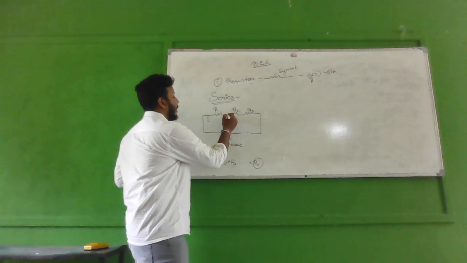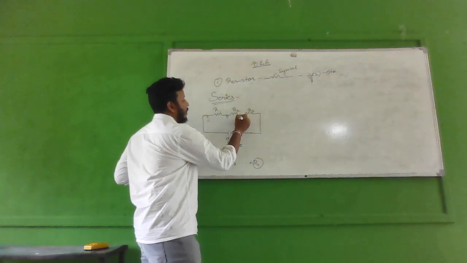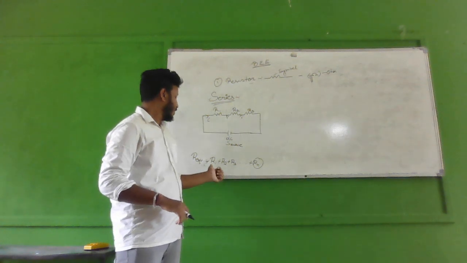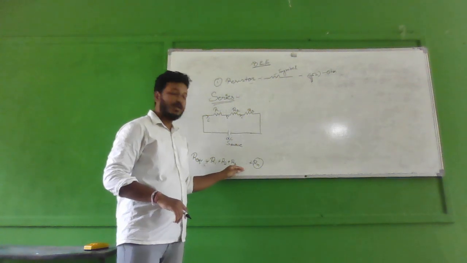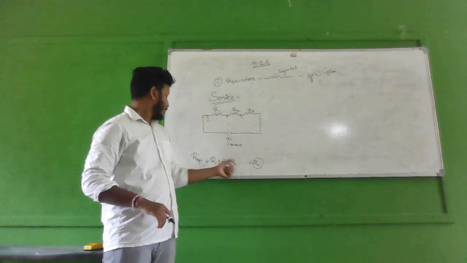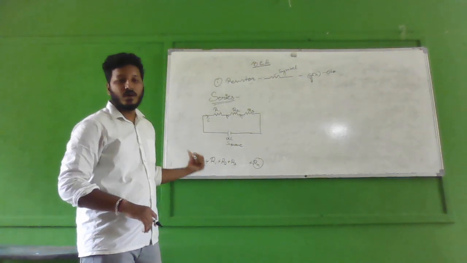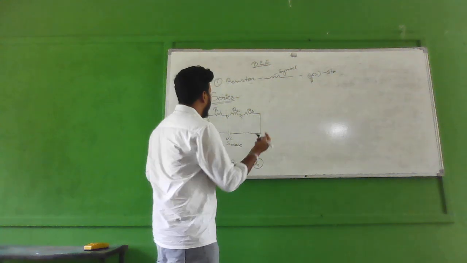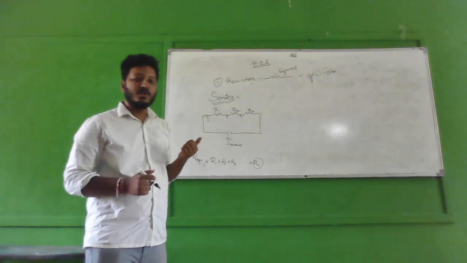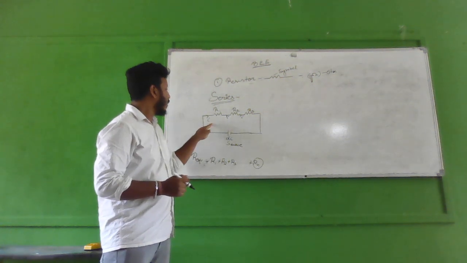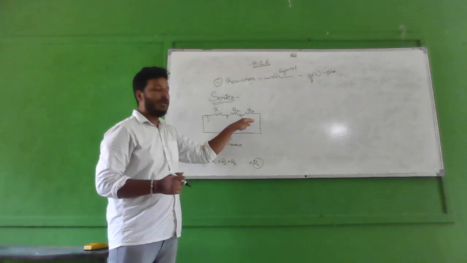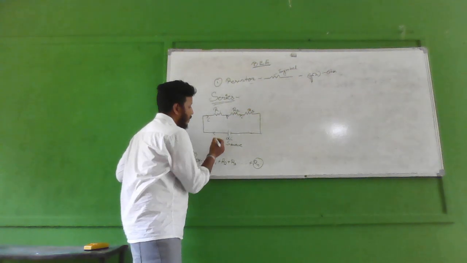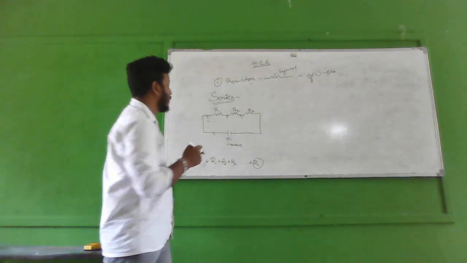Like if we have more than 3 resistors, then they can be added together to get R equivalent, or equivalent resistance. One more thing here: the current is constant for every resistor, and the voltage varies.